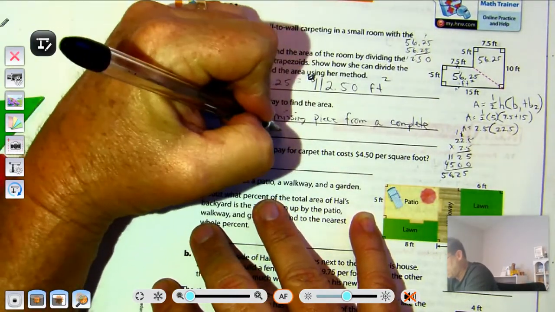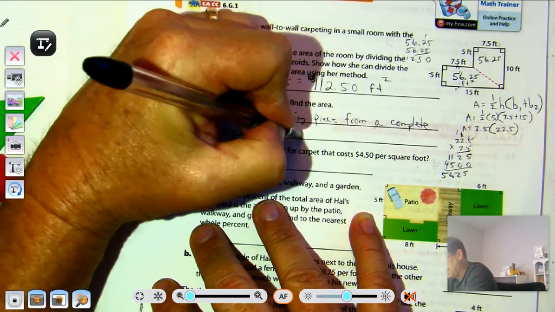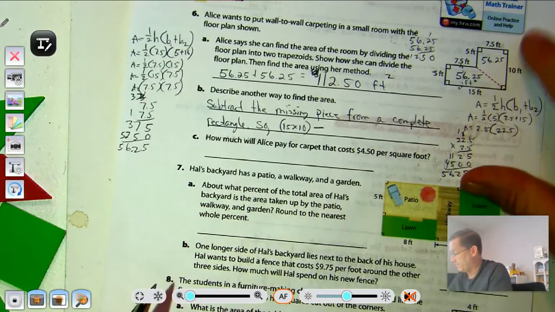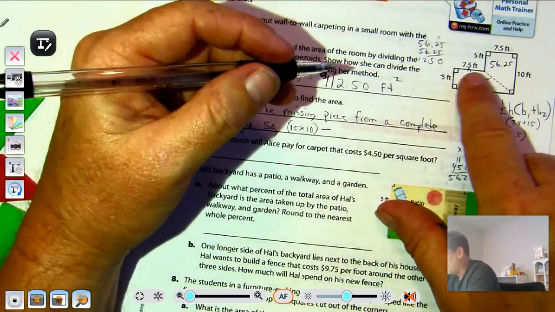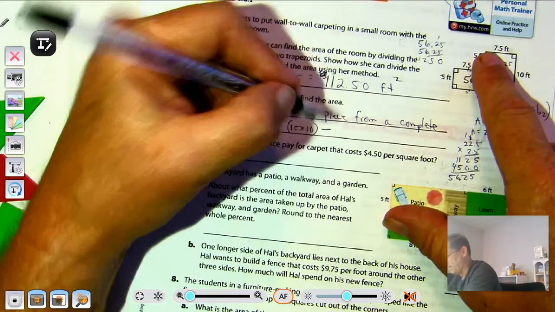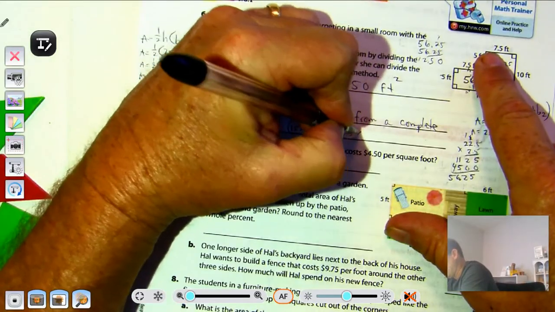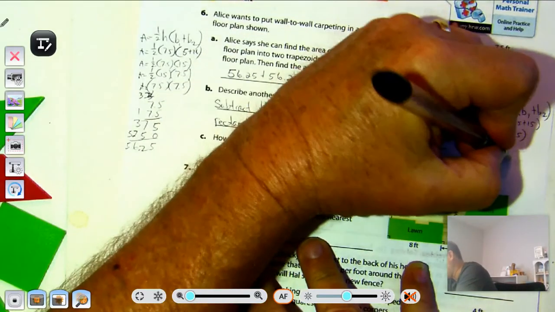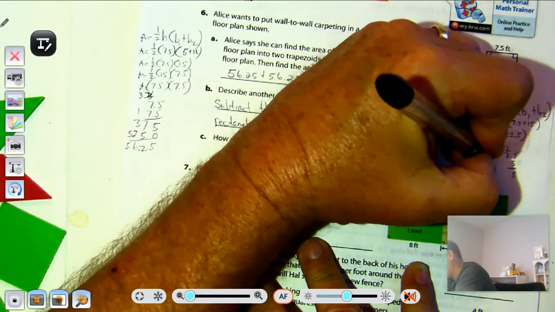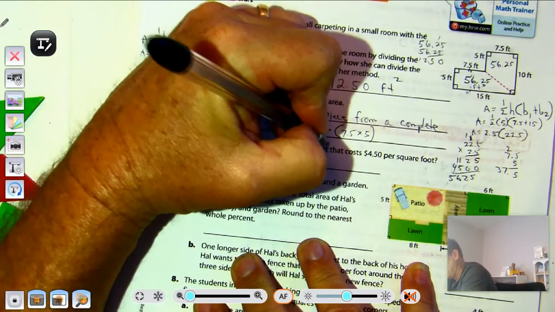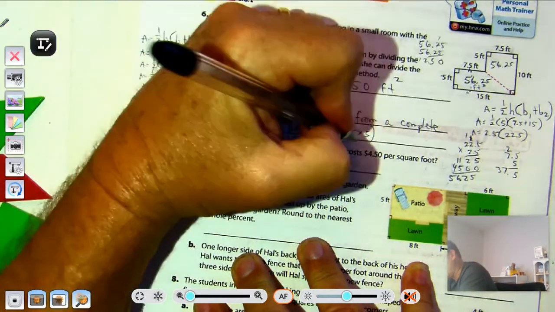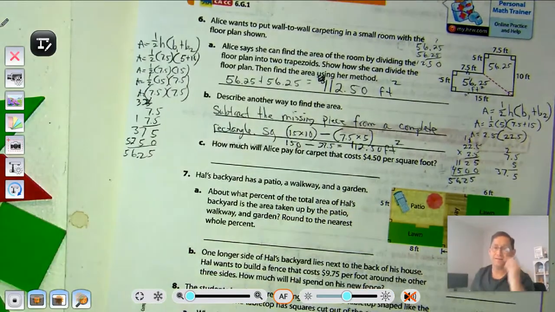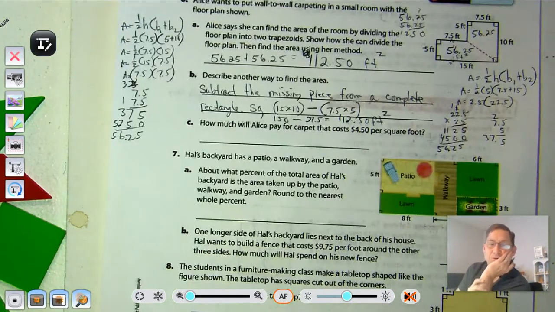So the whole rectangle would be 15 times 10 minus the small piece that's missing, which is 7.5 by 5. So we'd get 150 minus 37.5, which gives us 112.5 feet squared.